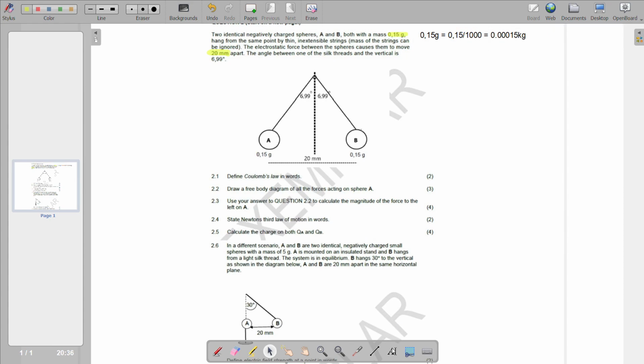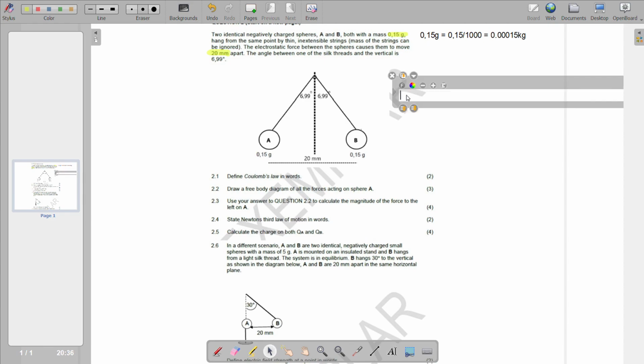The second conversion, we are converting the 20 millimeters into meters. 10 millimeters equals 1 centimeter, 100 centimeters equals 1 meter, therefore 1,000 millimeters equals 1 meter.